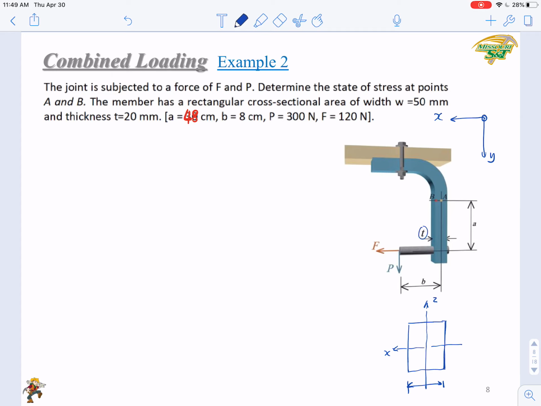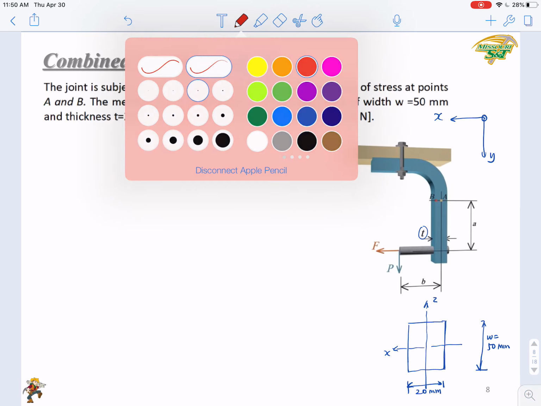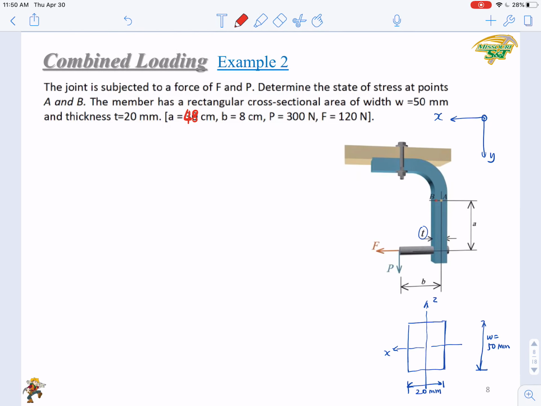The thickness will be 20. And here, the dimension, the width equals 50 millimeter. Our point A is right on the edge here. This is the point A, and the point B is on this corner.